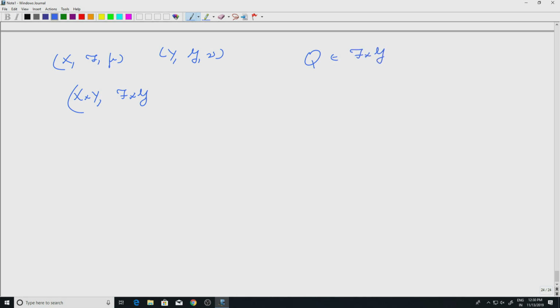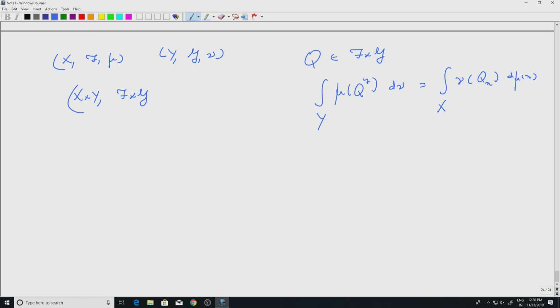We proved that if I take mu of Q^y and integrate with respect to y, d nu, I know that this is same as the integral over x of nu of Q_x d mu(x). This is what we proved.